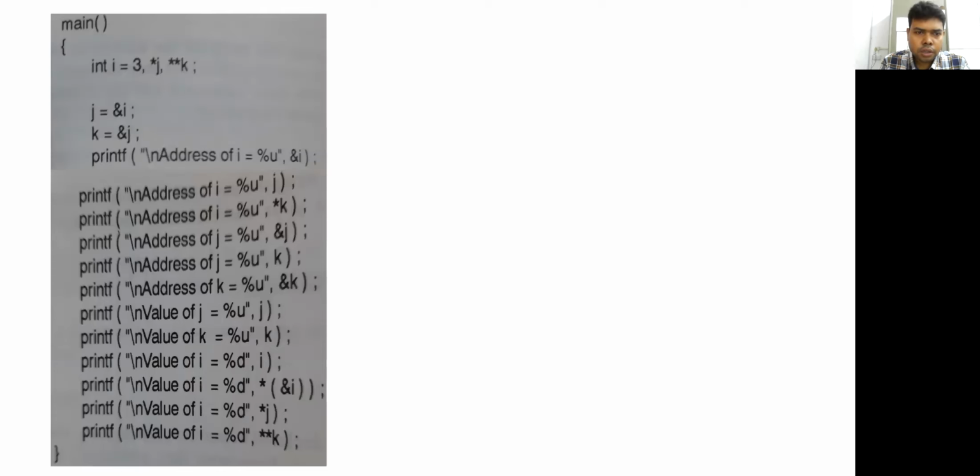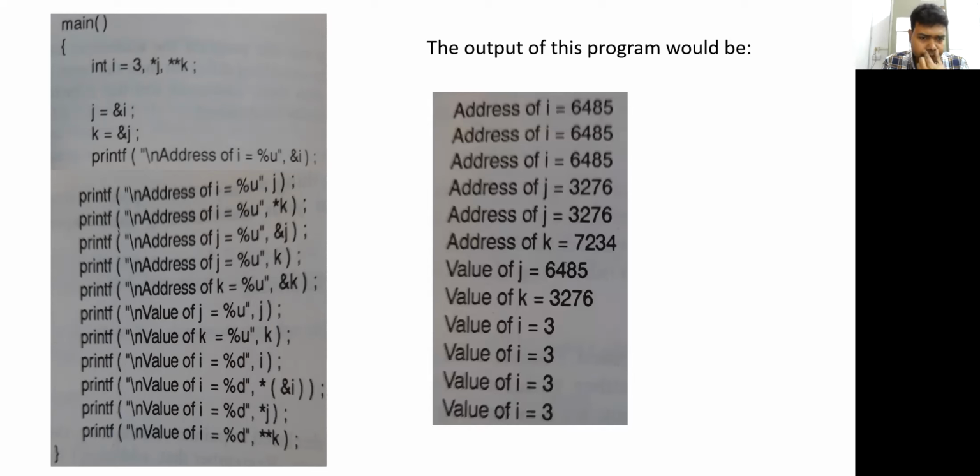Now, in this particular example, you can see the concept of pointer to a pointer. Here in the last line, we are writing k. j is a variable and the address of j is basically k. Here we have written int I equals 3, and the value at address, that is asterisk j.